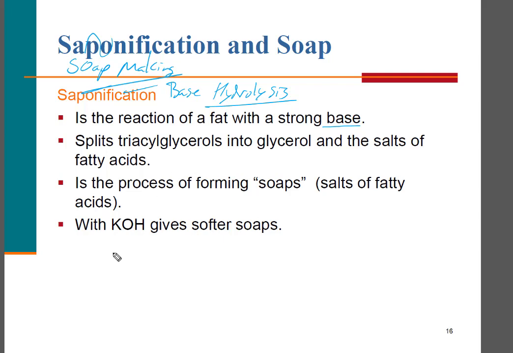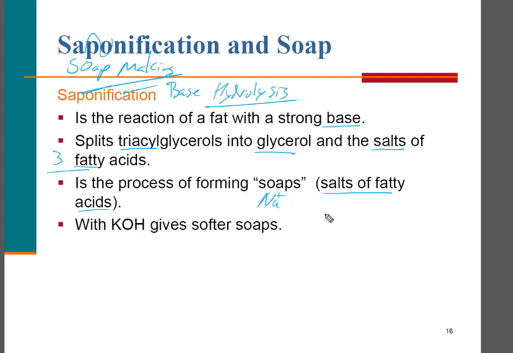You're going to take the triglyceride, this triacylglycerol, and it splits it into the glycerol and 3 fatty acids, but because it's under basic conditions, we get the salt of the fatty acid. So what is a soap? This saponification is a soap forming reaction. Soaps are salts of fatty acids.